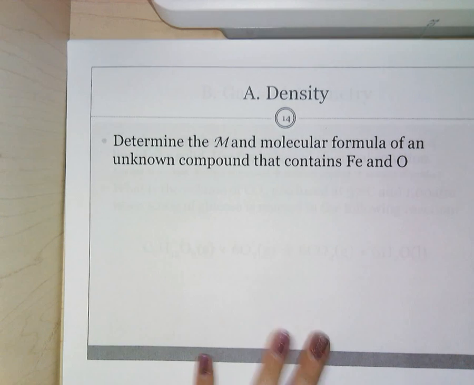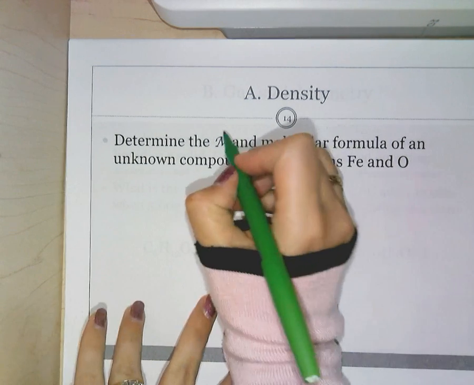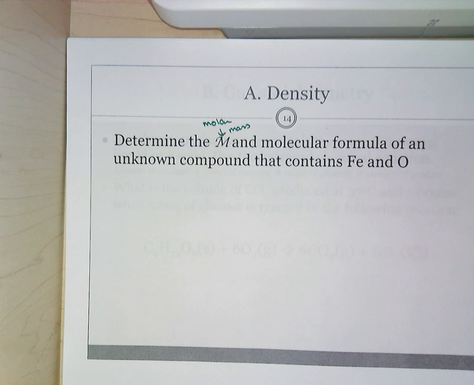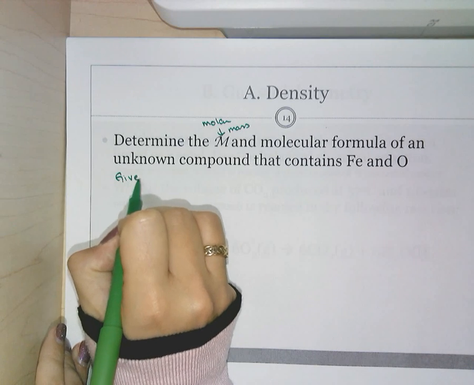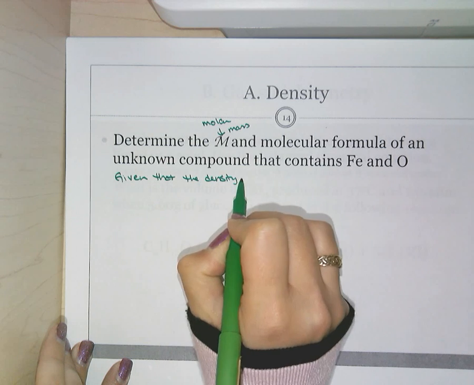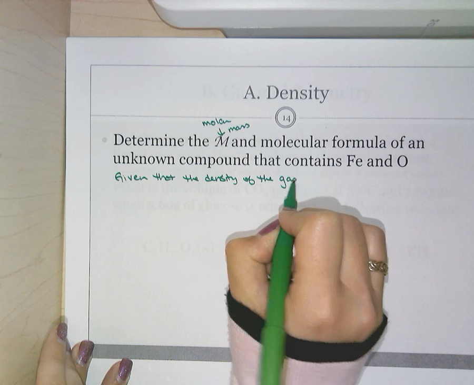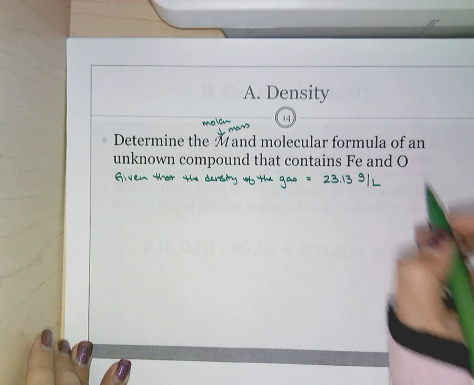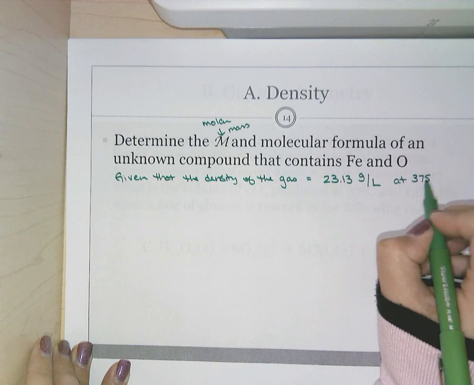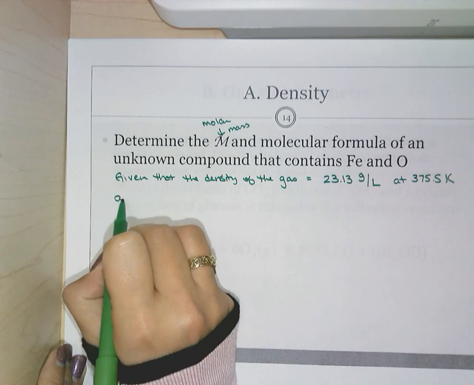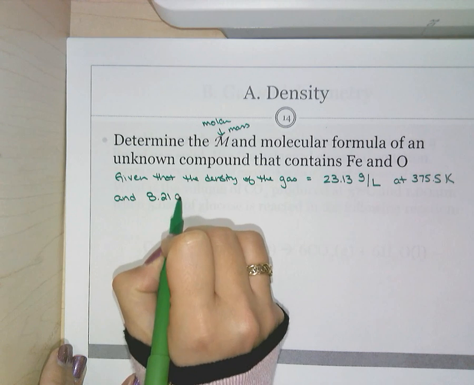So let's determine big M, which is the molar mass, and the molecular formula of an unknown compound that contains iron and oxygen, given that the density of the gas is 23.13 grams per liter at 375.5 Kelvin and 8.21 atmospheres.